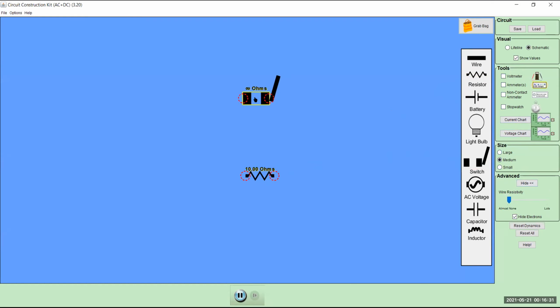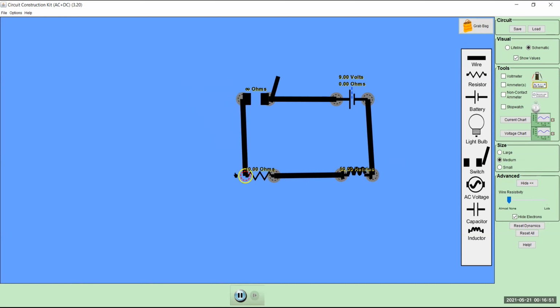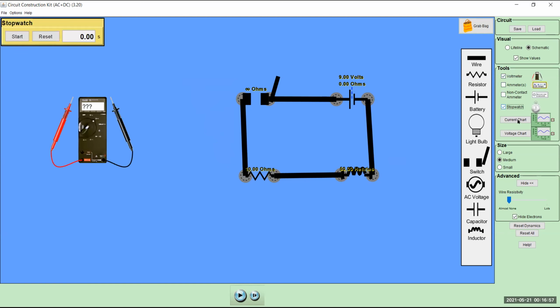The switch, the ammeter, the inductor, the battery, the wires, and more wires. Okay, stop the time, pick up the voltmeter, pick up the stopwatch, bring the voltmeter in here and in here.